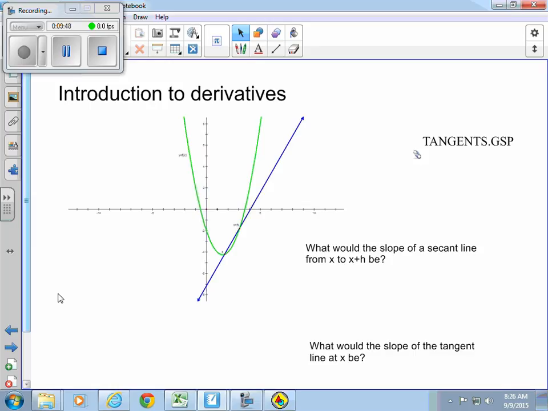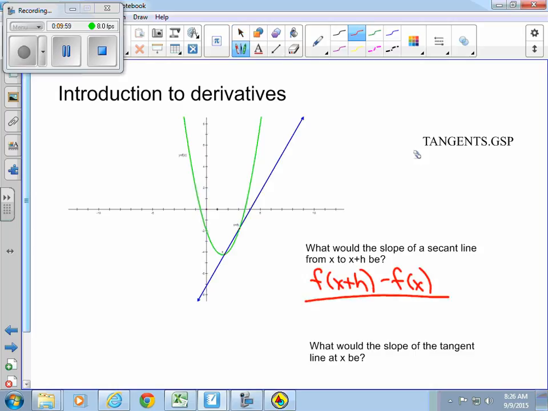So we answered those questions earlier. Let's see. What would the slope of a secant line be? This is the slope of a secant line. No limit. It's just the slope between two points.